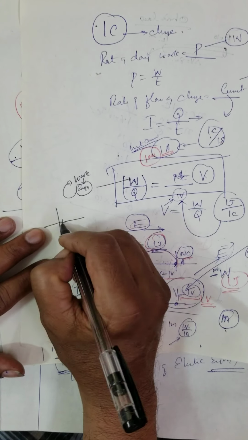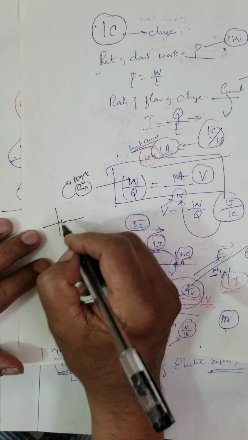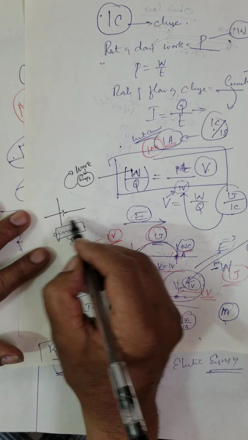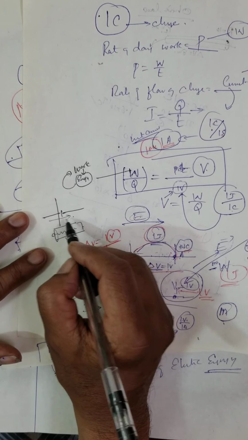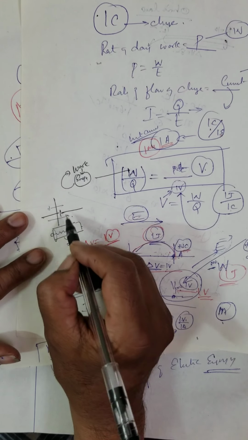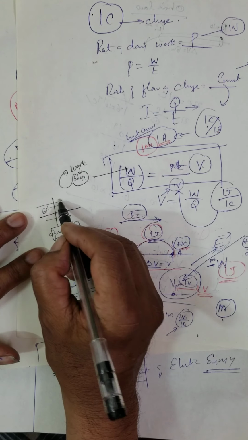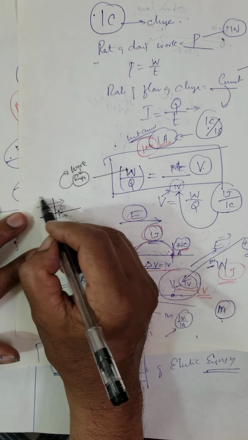The battery has a resistance, this is called internal resistance. 1 coulomb of charge, that means electrons flow from negative to positive. Current is said to be moving from positive to negative.